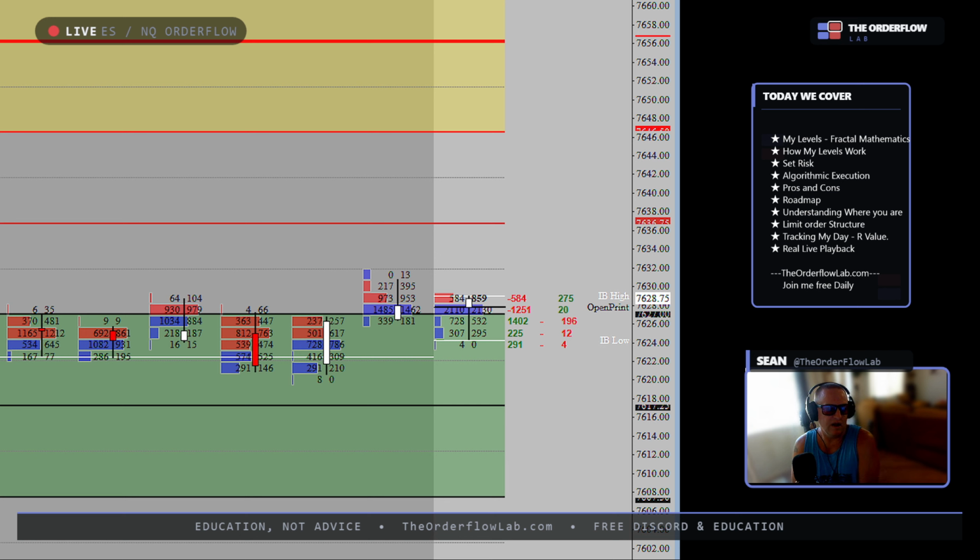But again, from a 10,000 foot view, that is basically how price moves, algorithmically. People may disagree with me, but this is all I trade, from small caps to NQ to ES, it doesn't matter. It's been around longer than I've been alive, so I know it works because I look at it every single day.